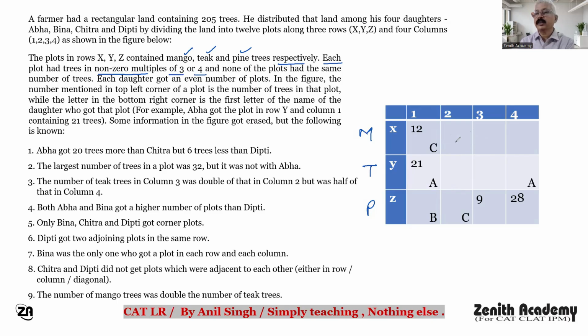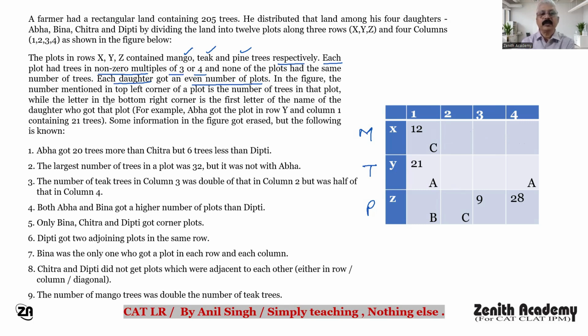Non-zero means each plot has trees, so no plot is without trees. Each daughter got an even number of plots, meaning 2, 4, 6, like this.